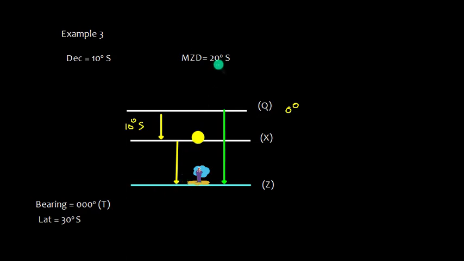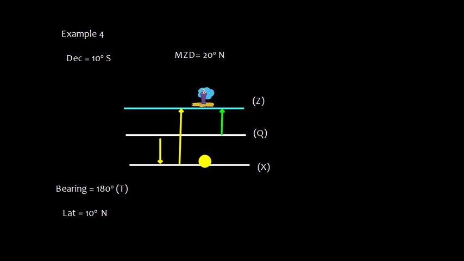Meridional zenith distance from X to Z is again 20 degrees south. So, the latitude from here to here is 30 degrees south. Now, coming back to the bearing, from here you will see that the sun is in the northerly direction. So, the bearing is 0 degrees.